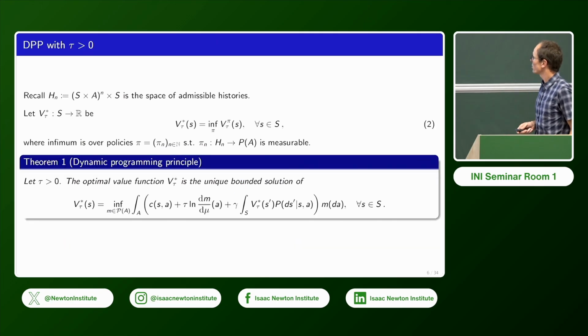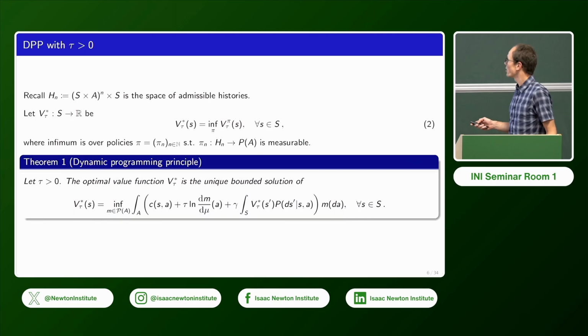So first of all, in this setting, we have dynamic programming. In other words, V star is my optimal value function, which I get by minimizing over all admissible policies. Before you do dynamic programming, your admissible policies are a function of the entire history.